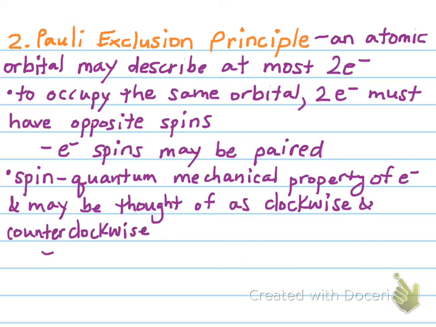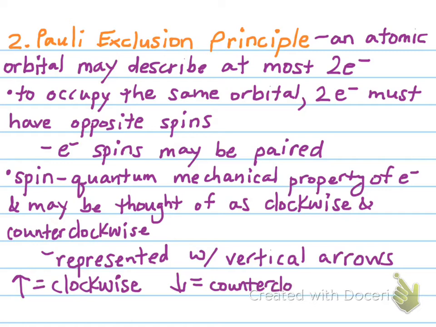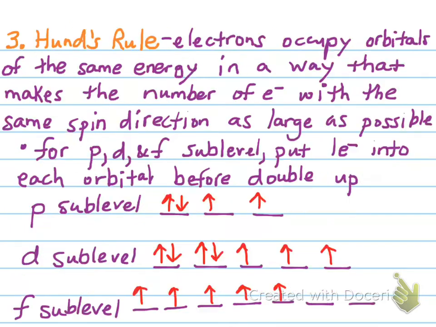And again, remember, our spin is represented, I don't know if you can hear the dog itching herself or not, represented with vertical arrows. Right? Up meant clockwise, and a down arrow meant counterclockwise. And again, these arrows, right, represent.